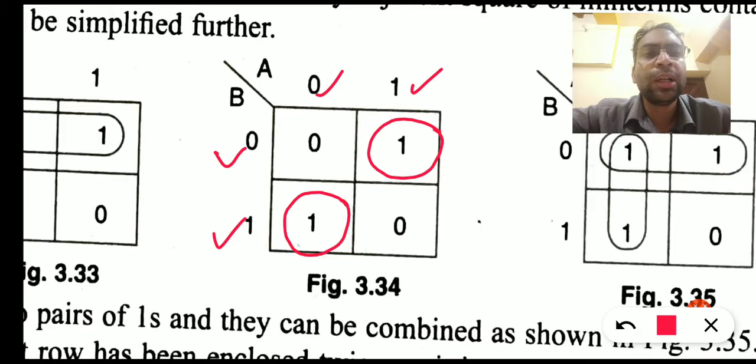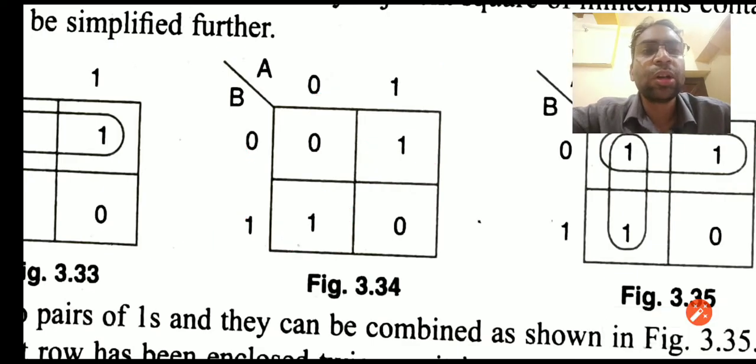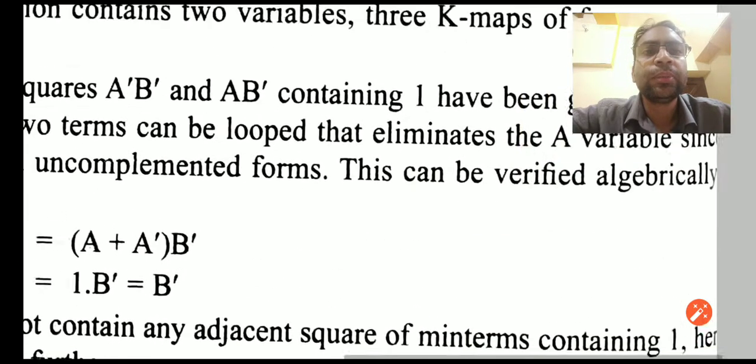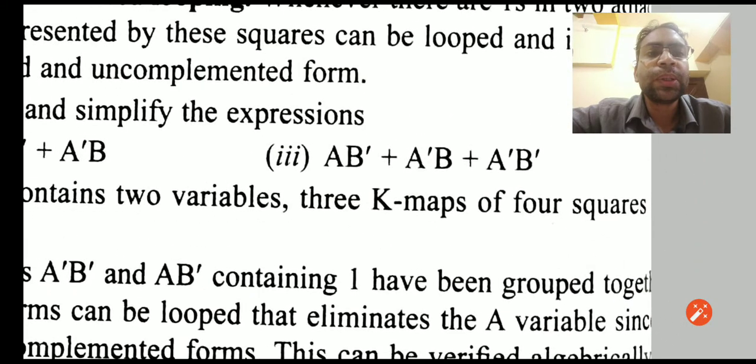We don't have a vertical combination or a horizontal combination, so we cannot find any looping. The given expression is already in the simplest form, so we cannot simplify it further.